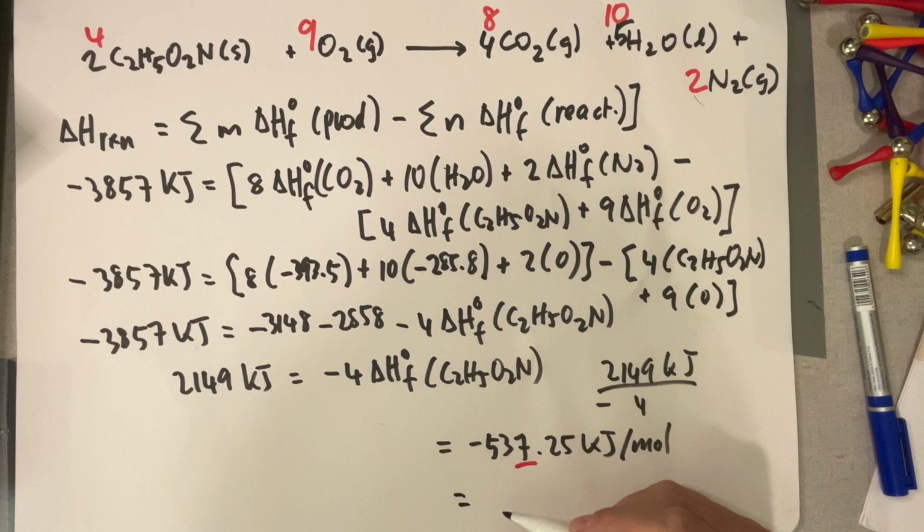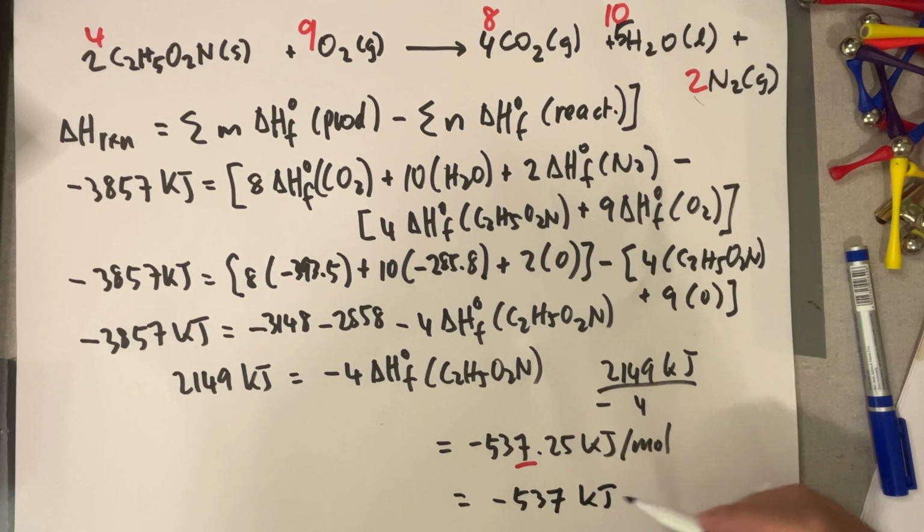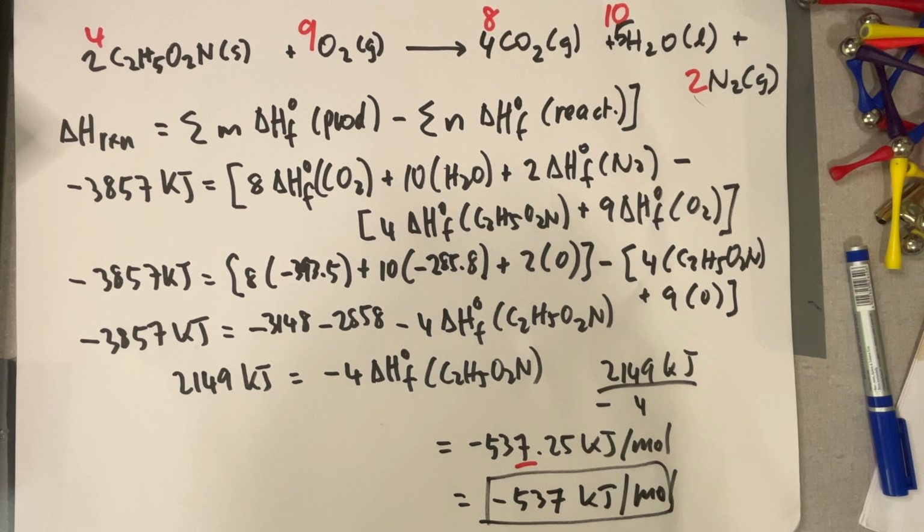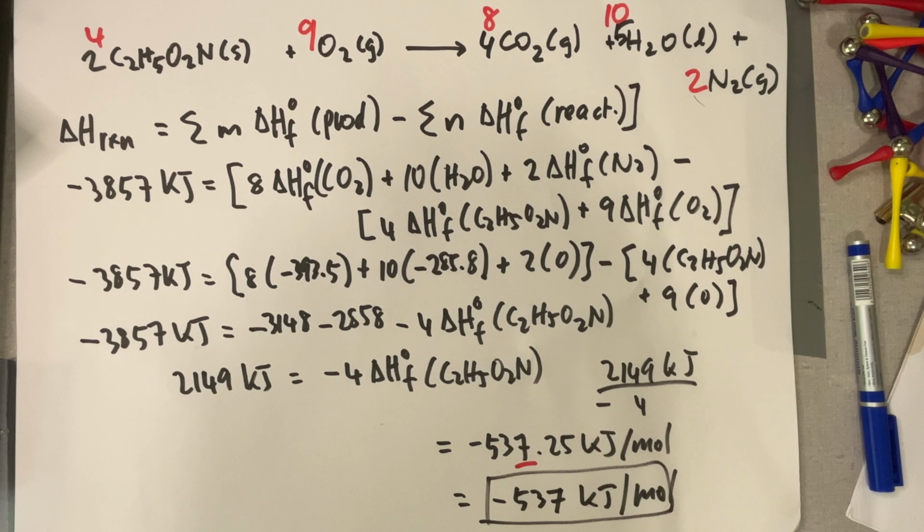So the final answer I have is negative 537 kilojoules per mole. And there we've solved for the enthalpy of formation for glycine. You can see it's an exothermic reaction. That was a good example to calculate the standard enthalpy of formation for glycine from the specified information.